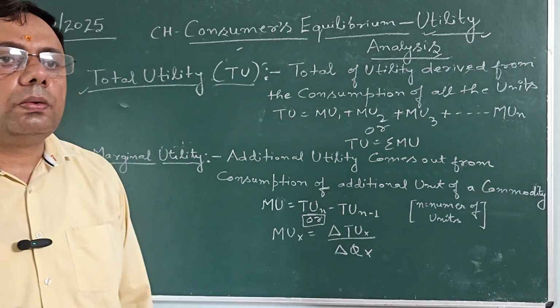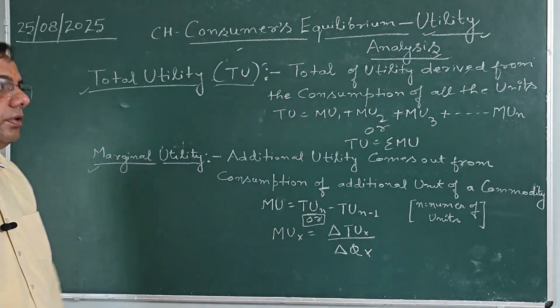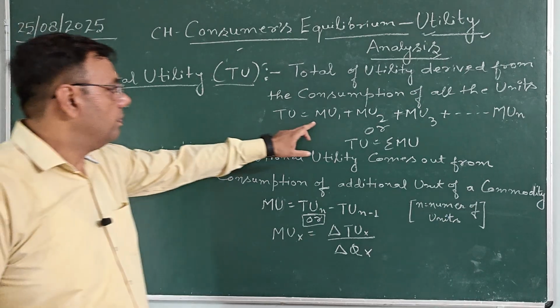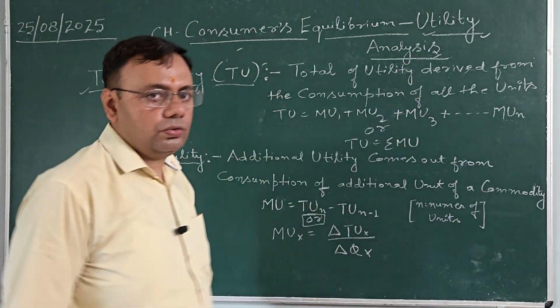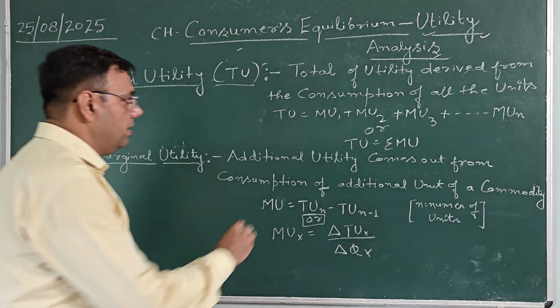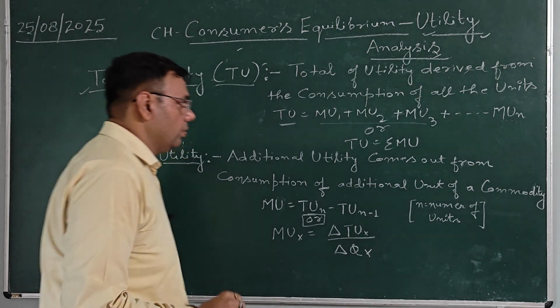Suppose we consume 1, 2, 3, 4, 5 slices of bread. So total utility is 1, 2, 3 and so on of the commodity. So we can add all the units of a commodity. So it is the total utility.